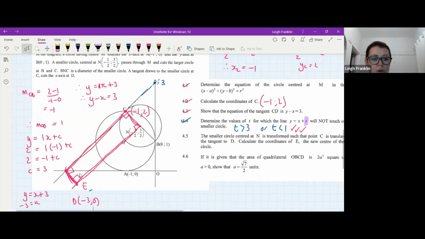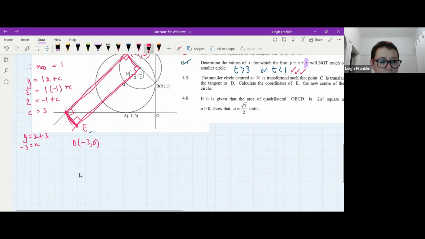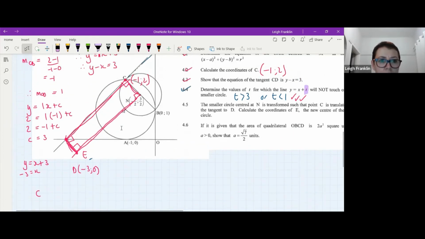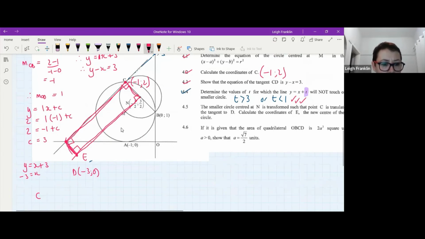So now if we consider a translation, C maps on to D. We've gone from -1 to -3, so we've subtracted 2 from x, and we've gone from 2 to 0, so we've taken 2 away from y.